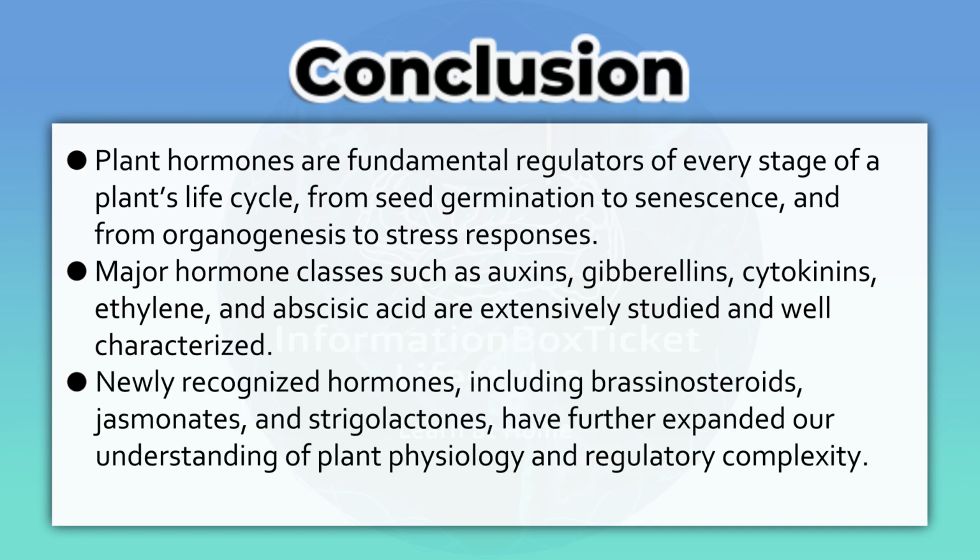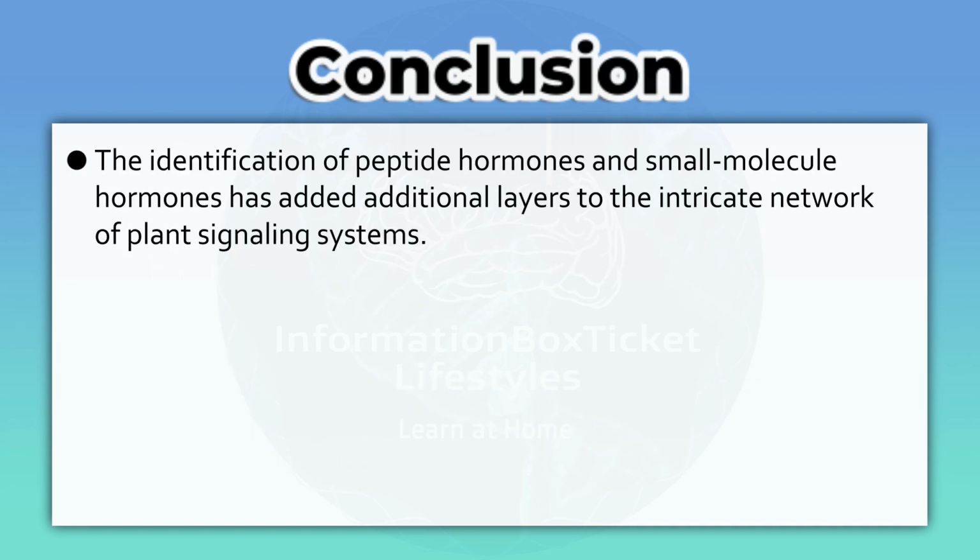Newly recognized hormones, including Brassinosteroids, Jasmonates, and Strigolactones, have further expanded our understanding of plant physiology and regulatory complexity. The identification of peptide hormones and small molecule hormones has added additional layers to the intricate network of plant signaling systems.